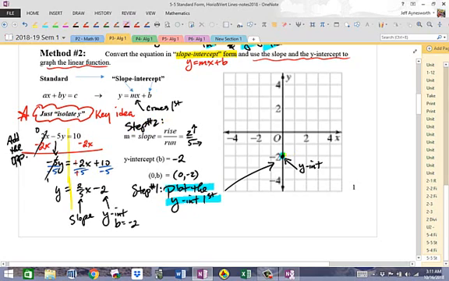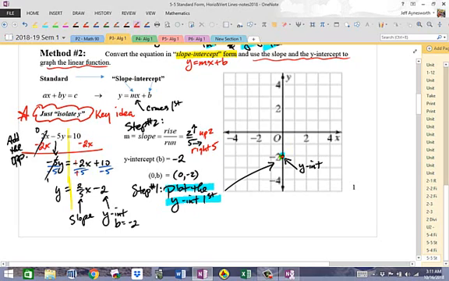Okay, so put your pencil on the y-intercept. And what we're going to do is we're going to rise and run a little bit. We're going to go up 2, right 5. So up 2, and then right 5, from this y-intercept. So we count. So get your eyes right here at negative 2.